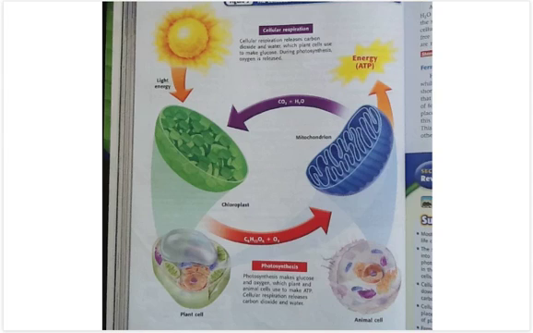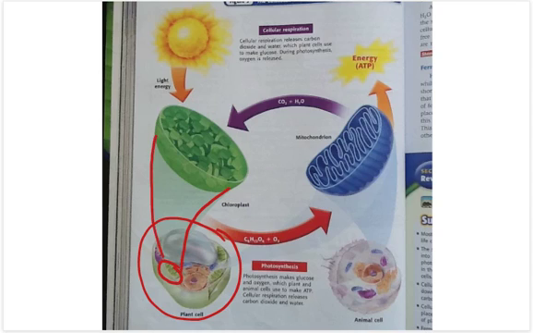Okay, so what we have here is a plant cell, and it has several chloroplasts right here, and the chloroplast has been blown up to a big chloroplast here. But the plant cells also have mitochondria, these blue ones right here.